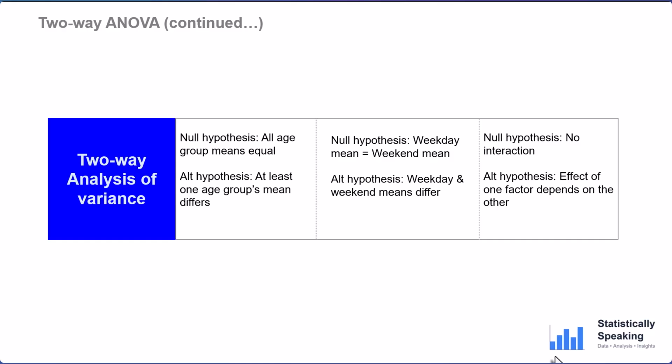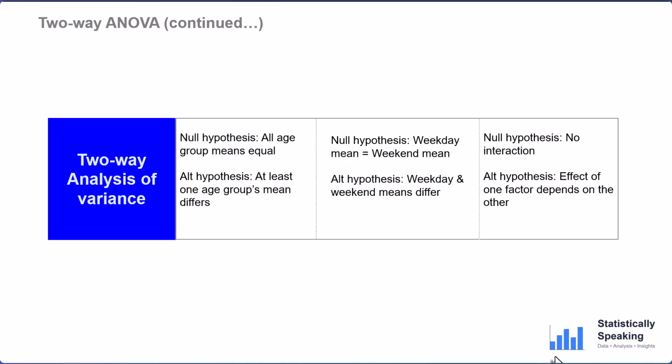And the third one would be about interaction, where the null hypothesis would be that there is no interaction between the factors, and the alternative hypothesis would be that the effect of one factor, say weekend versus weekday, would depend on the other factor. So as an example, if boomers spend more on weekends but Gen Zs don't, that's an interaction, right?